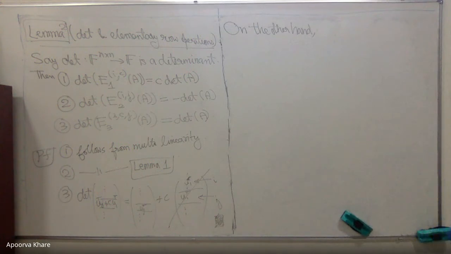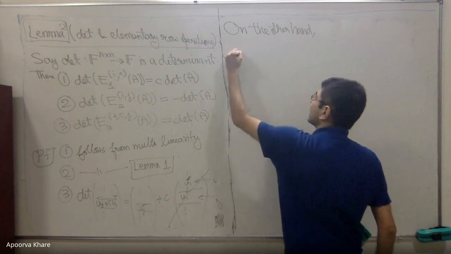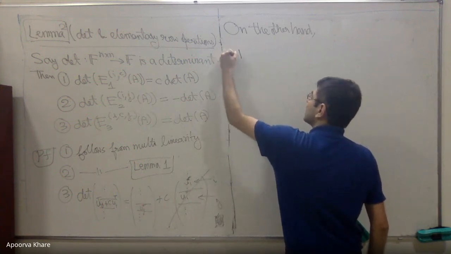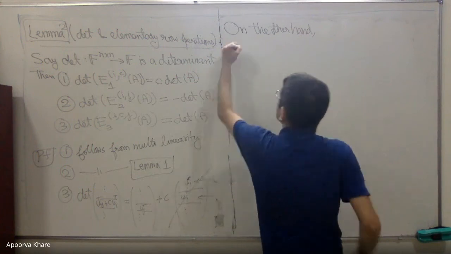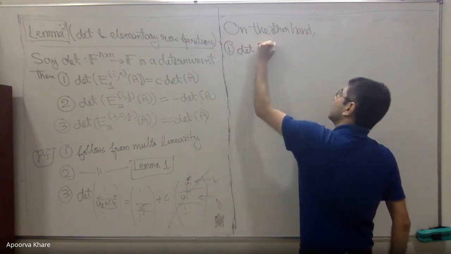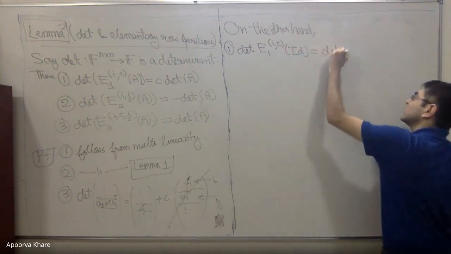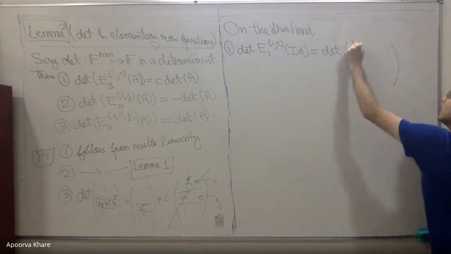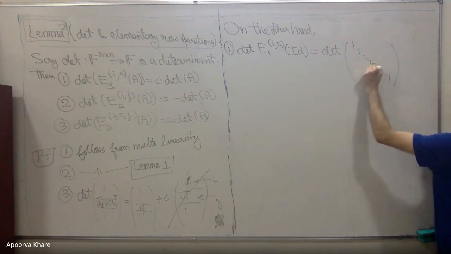On the other hand, let's look at E1 of identity, the determinant of E1 of identity. What is the determinant of E1 of identity? It is ones on the diagonal, and there's a C in the I, I entry.